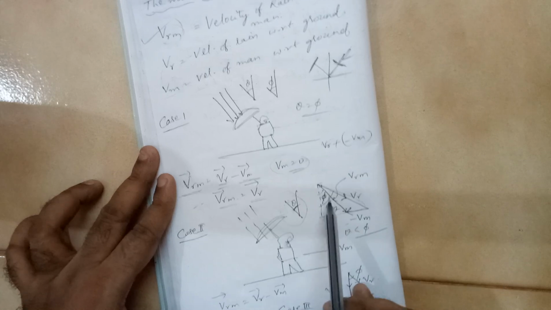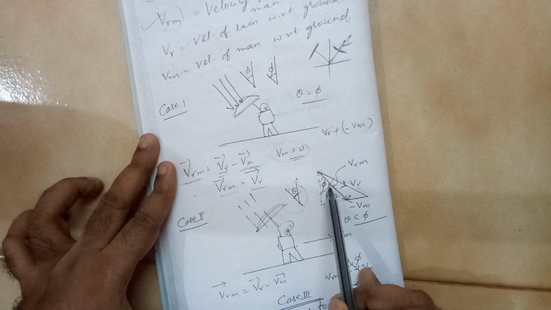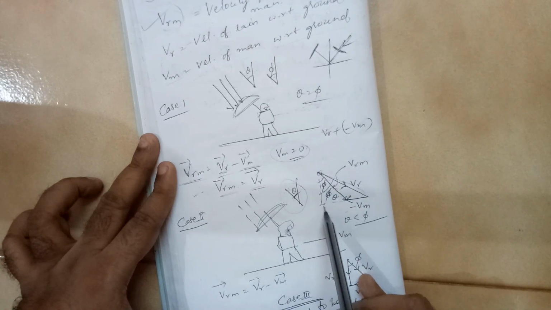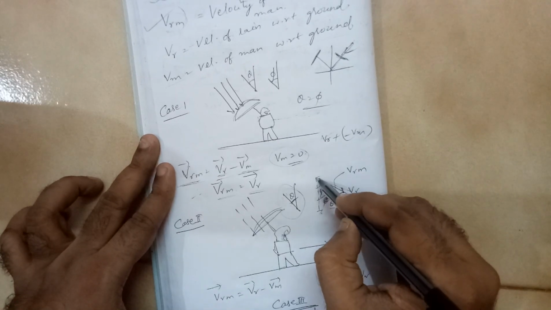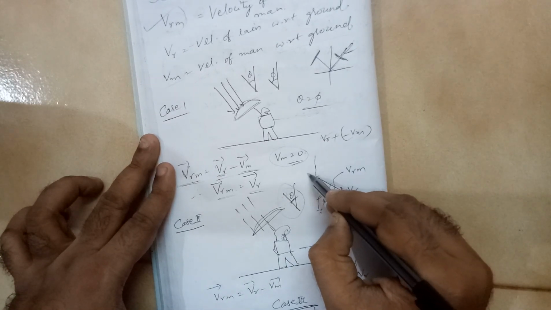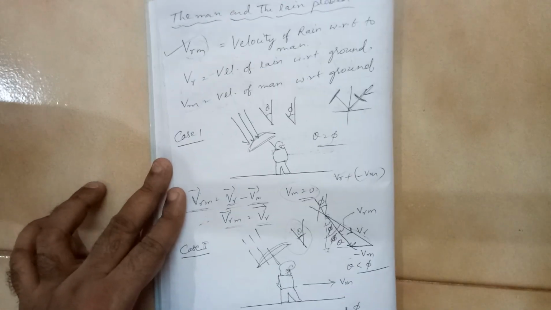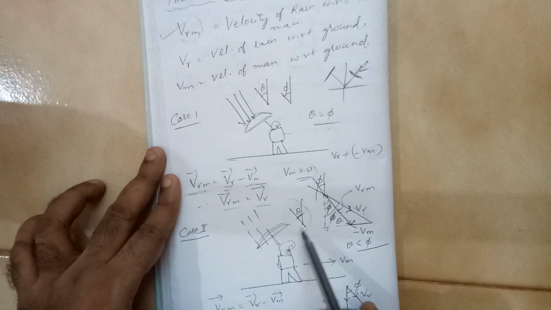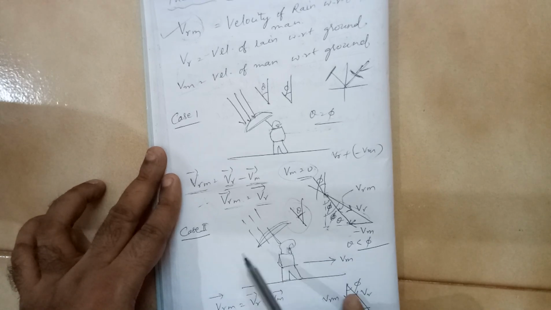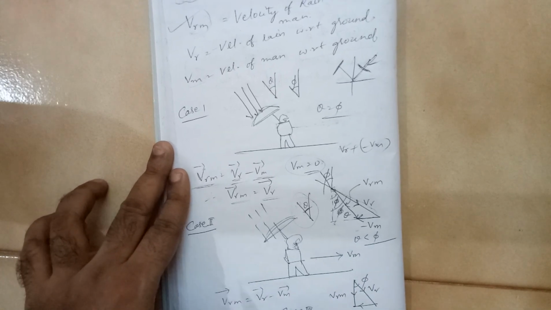And VRM is making phi with the vertical. You can extend this line like this, so this will be your phi. At this angle you are supposed to hold the umbrella to prevent yourself from getting wet.